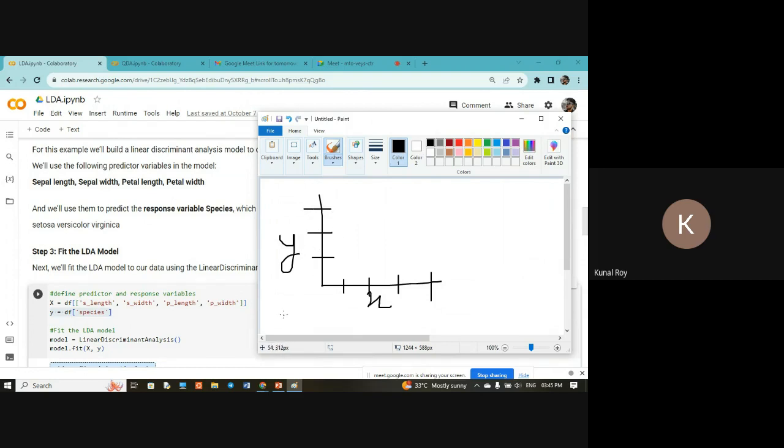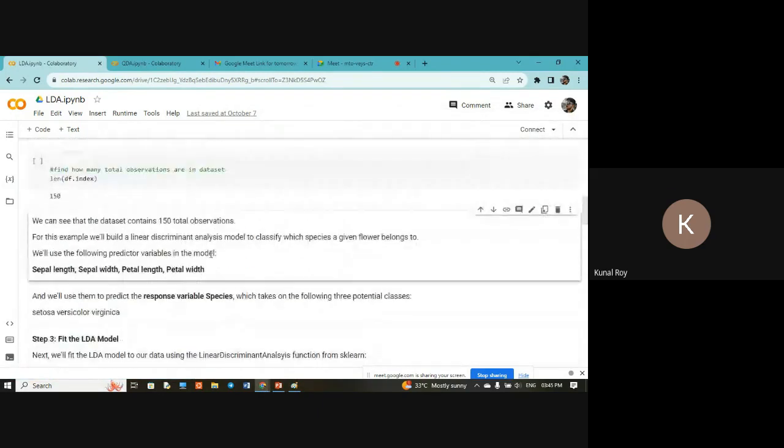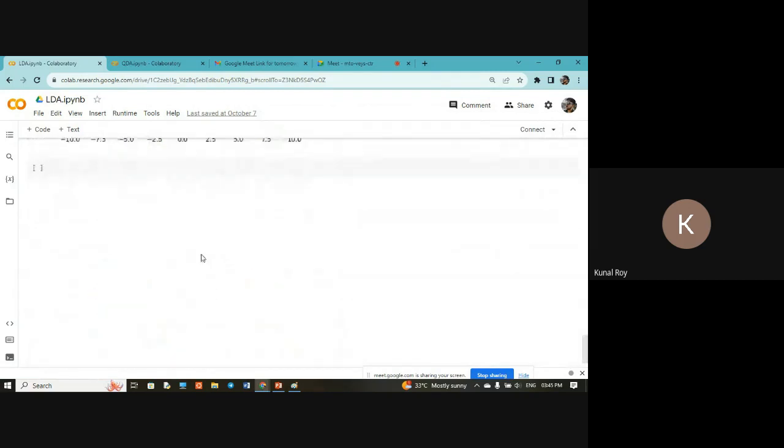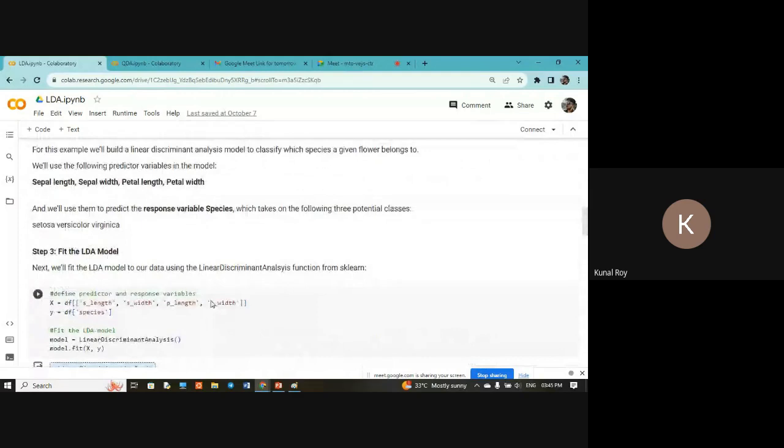I have to make a discriminant function so that it converts into 3 different classes. Using these 3 classes, I can determine what type of species it can be. So these 3 classes are Setosa, Versicolor, and Virginica.